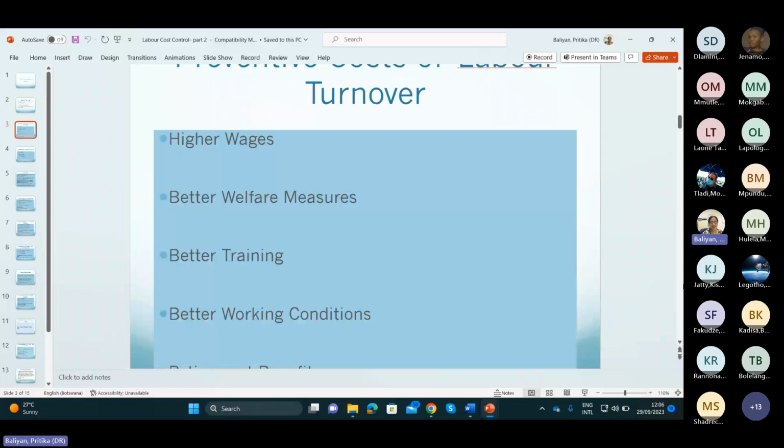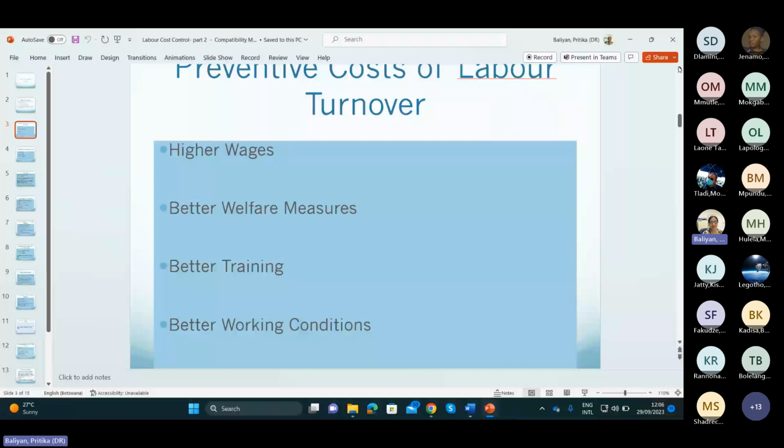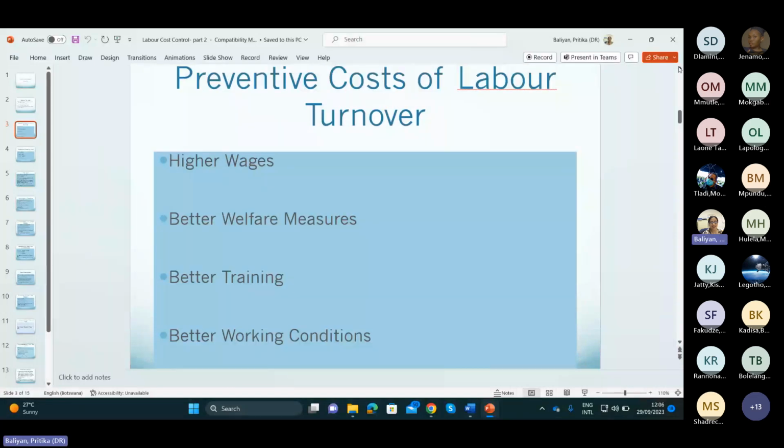And there are various reasons for labor turnover. But by taking some action, the labor turnover cost can be prevented, like by providing standard wages or higher wages. Because sometimes if the salary scale or wages is too little, the workers would not like to continue with the business.